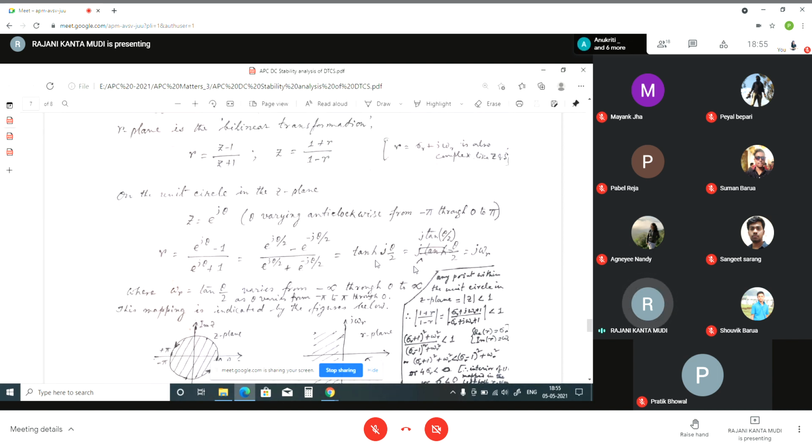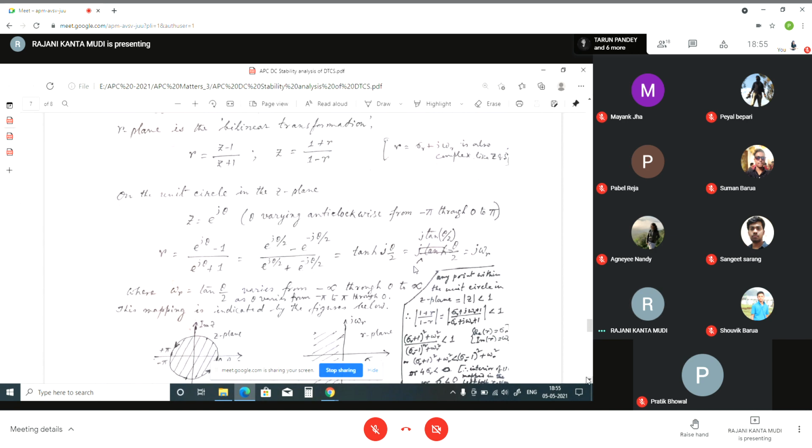By simplification, this will be tanh(j theta by 2), that is j tan(theta by 2). Basically, omega r equals tan(theta by 2). You see that r equals sigma r plus j omega r, you just equate the real and imaginary parts: sigma equals 0 and omega r equals tan(theta by 2).